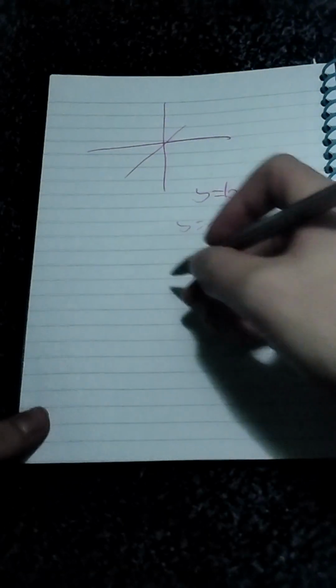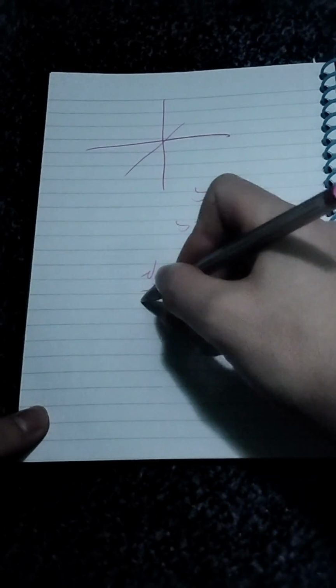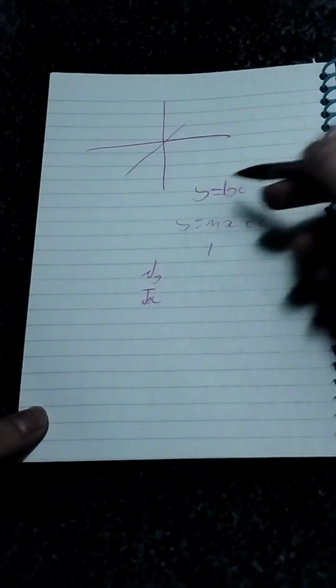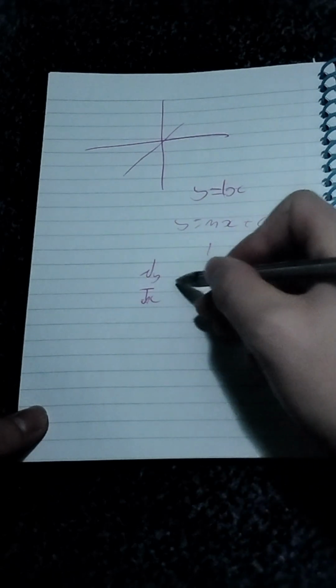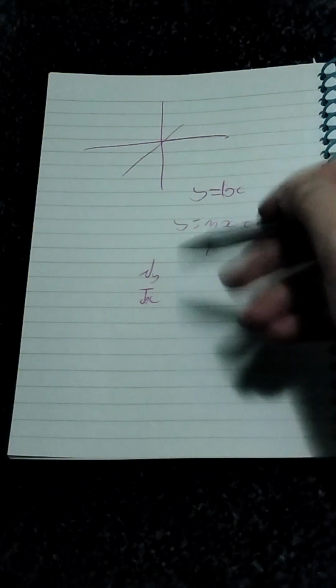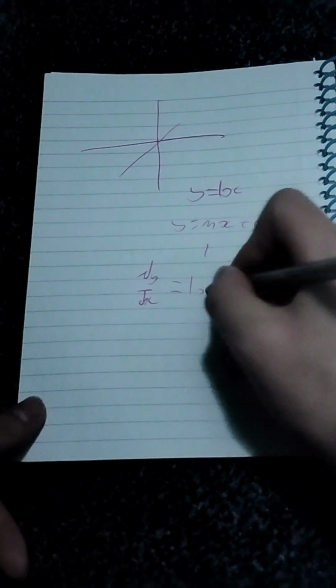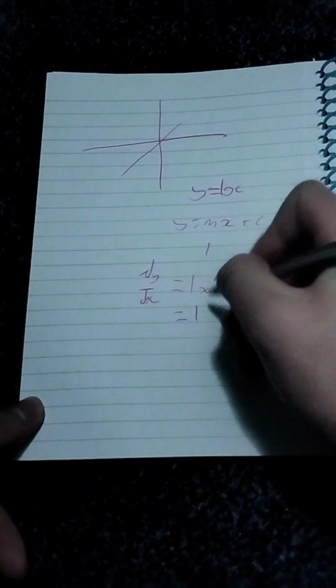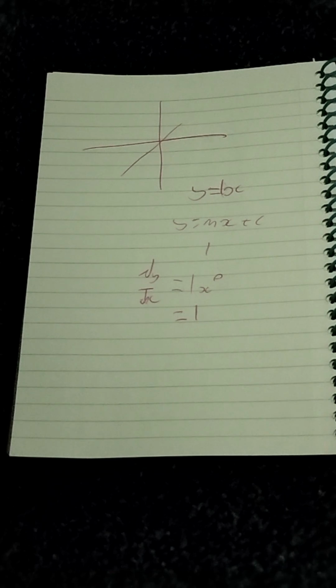And if we found the rate of change of that using differentiation, dy by dx, that is effectively 1x to the 1. Now, 1 take away 1 is 0, and 1 times 1 is 1, so it is 1x to the 0, which is equal to 1, as x to the 0 is 1.